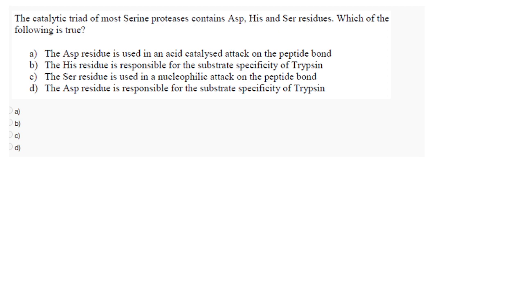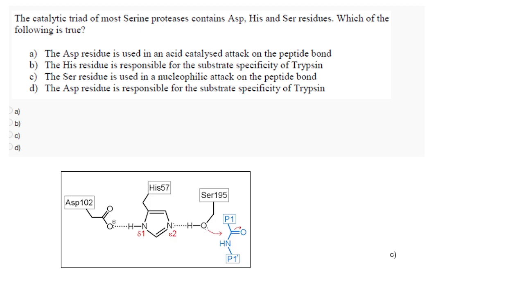Option C, it is correct. So here is the catalytic triad given. This serine attacks the carbonyl of the amide bond.